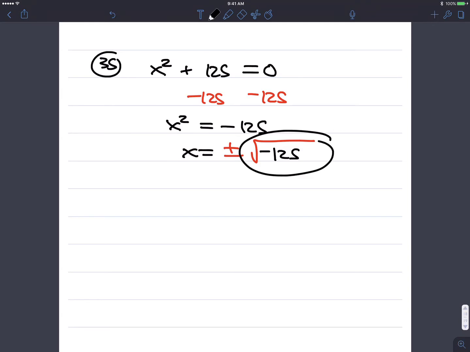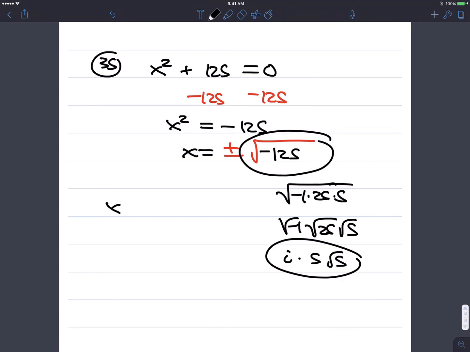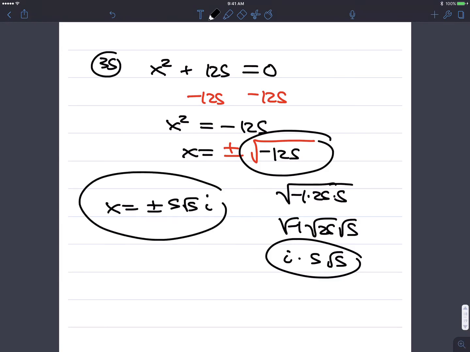The radical then is negative 1 times 25 times 5, or the square root of negative 1 times the square root of 25 times the square root of 5. That's i times 5 times the square root of 5. x is plus or minus 5 times the square root of 5 i: 5 times the square root of 5 i, and minus 5 times the square root of 5 i. And you're done.